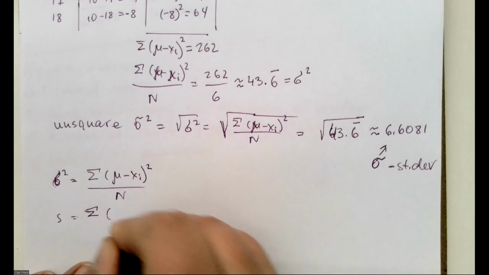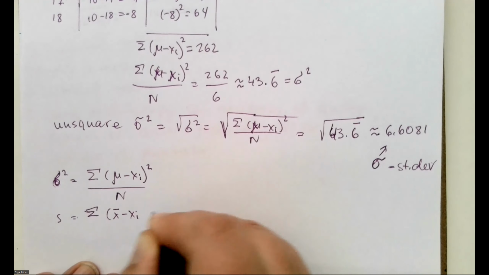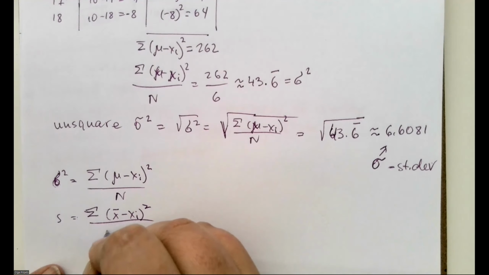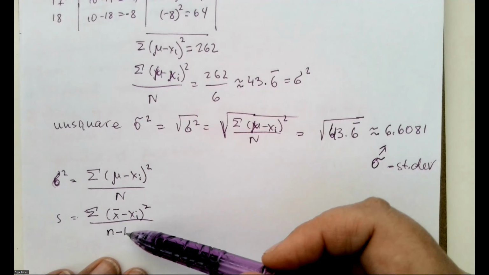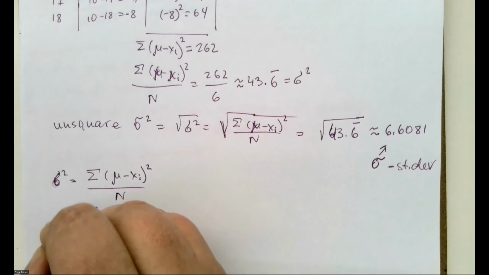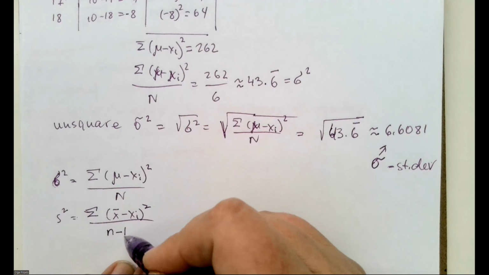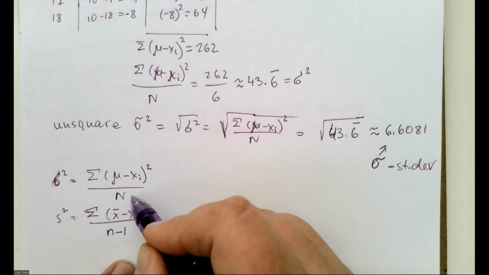So it's the sum of x minus x bar squared, and we're going to divide by n minus 1. So we adjust the denominator for the variance of the sample. We reduce the denominator by 1, when in the formula for the variance of the population, we do not reduce it by 1.